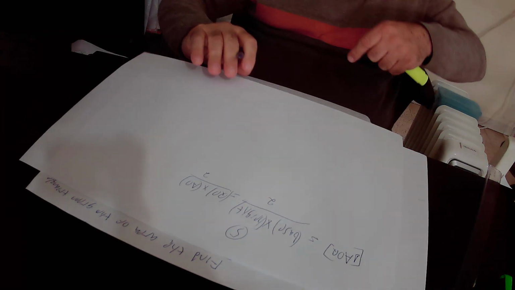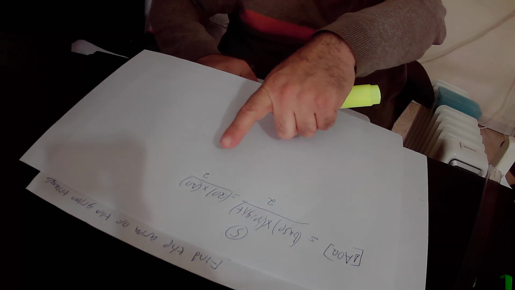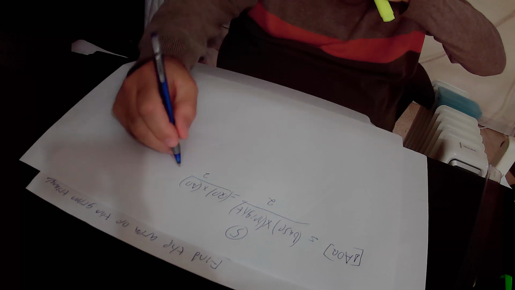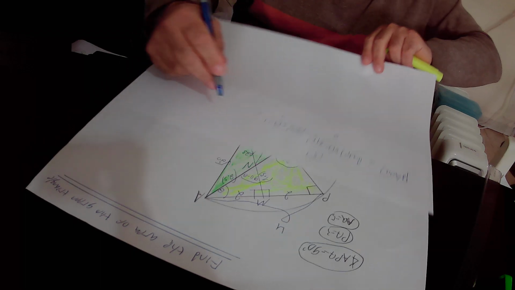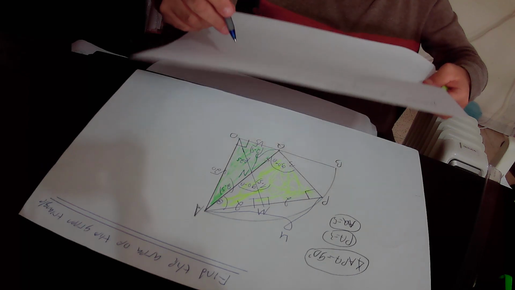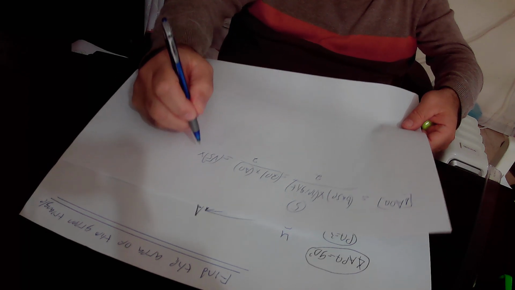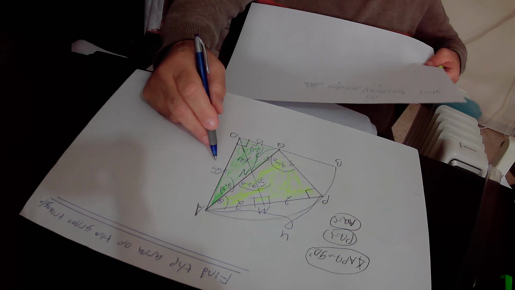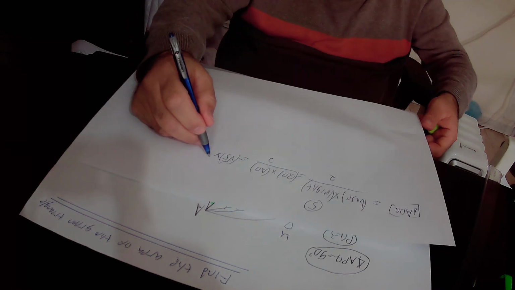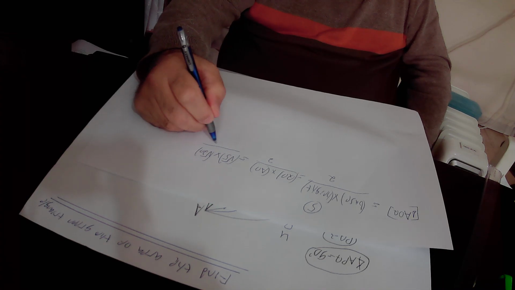The base of the right triangle AOQ is QO. The height is AO, all divided by 2. QO equals the square root of 5 units, times AO equals the square root of 20 units, all divided by 2.